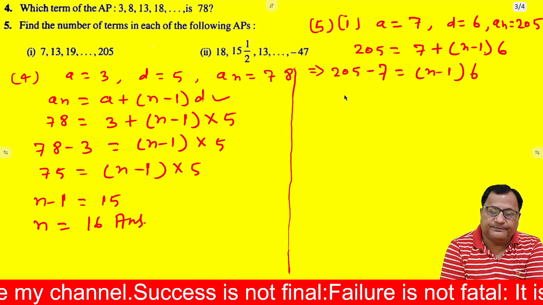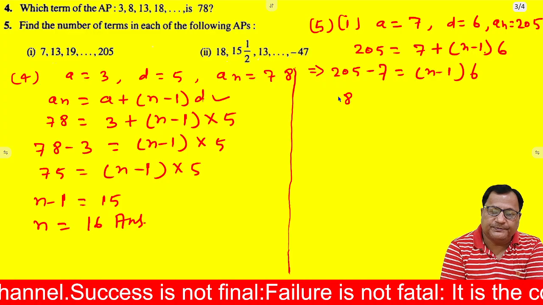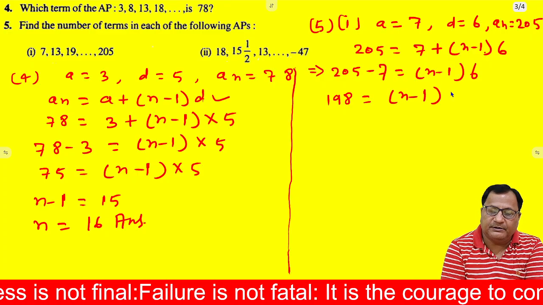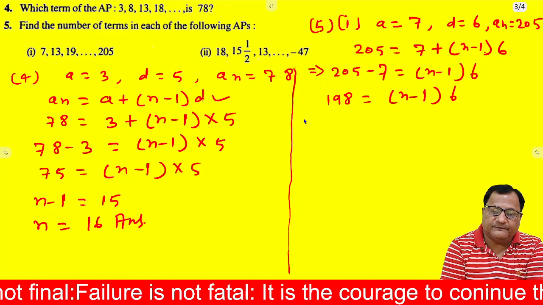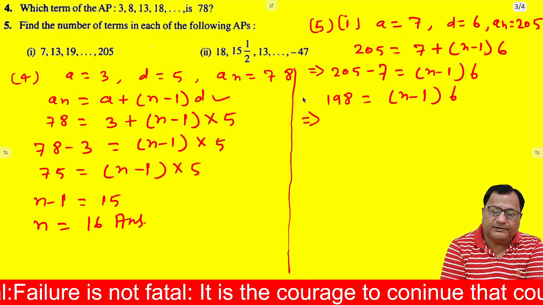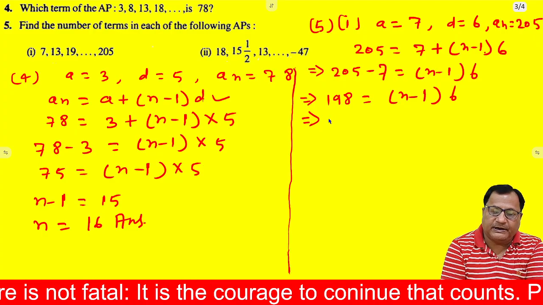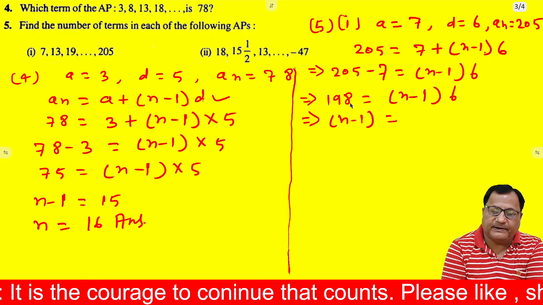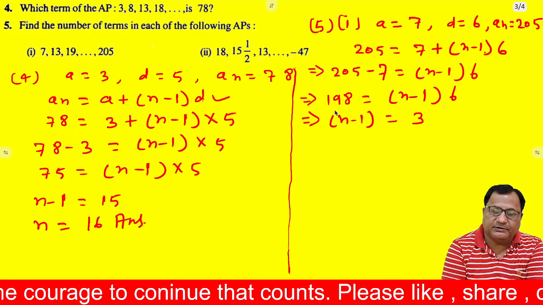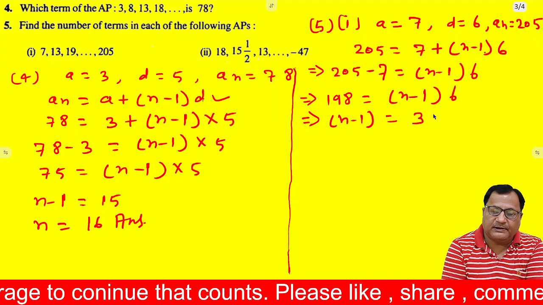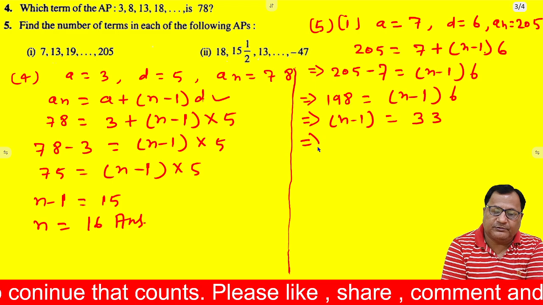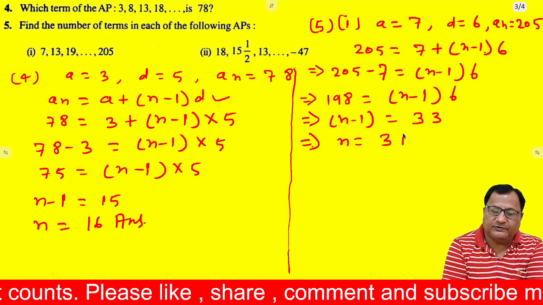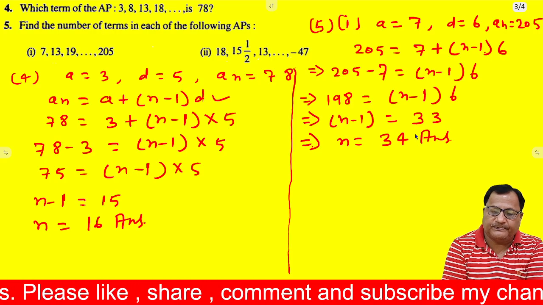If we subtract, 198 is equal to N minus 1 into 6. Then N minus 1 is equal to, 6 will divide here. So 6 threes are 18, and 3. So 1 will go this side. So N is equal to 34. This is the answer.